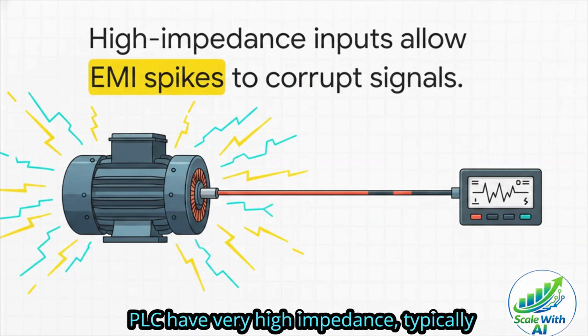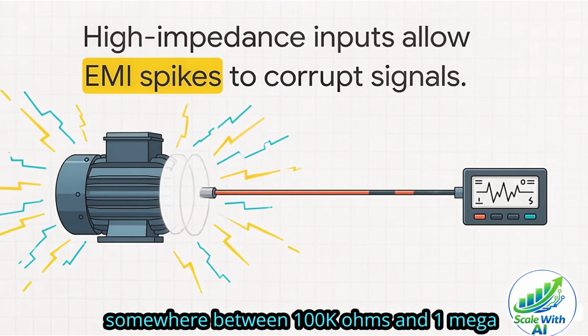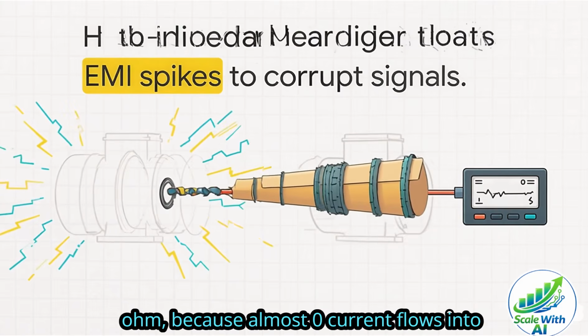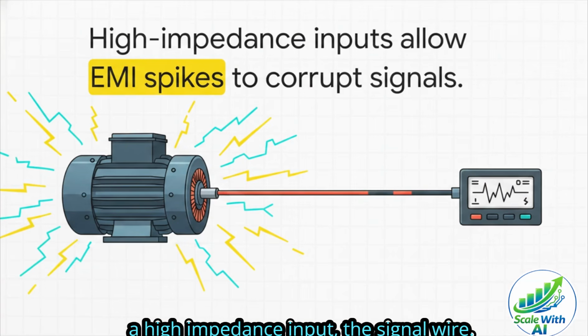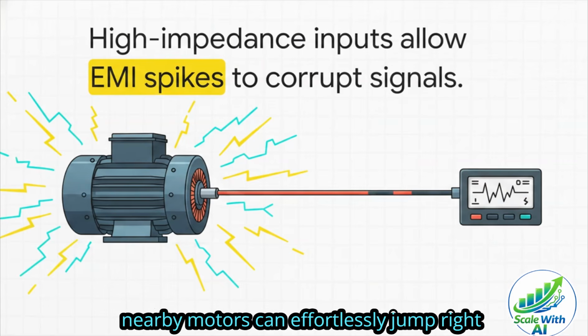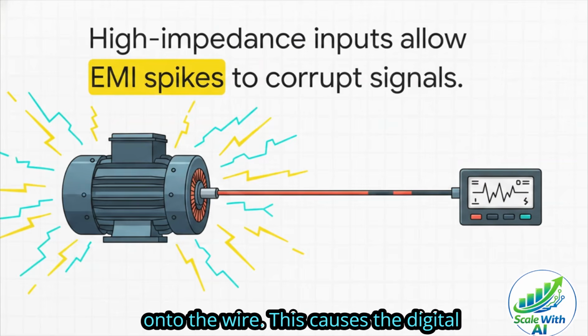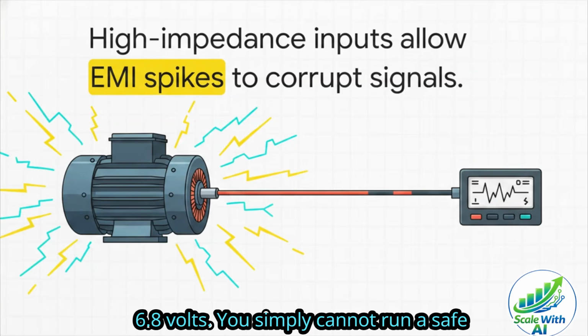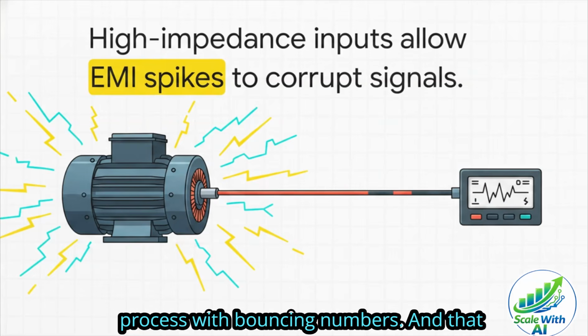You see, voltage inputs on a PLC have very high impedance, typically somewhere between 100 kiloohms and 1 megaohm. Because almost zero current flows into a high impedance input, the signal wire effectively turns into a giant antenna. Stray electromagnetic noise from those nearby motors can effortlessly jump right onto the wire. This causes the digital meters to jump erratically, violently fluctuating between, say, 4.2 volts and 6.8 volts. You simply cannot run a safe process with bouncing numbers.